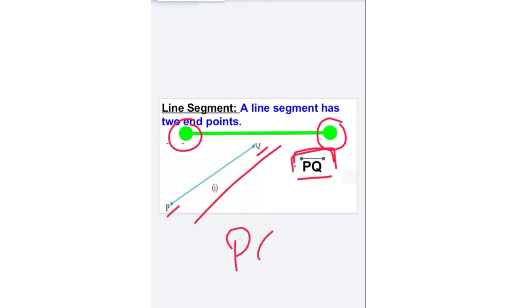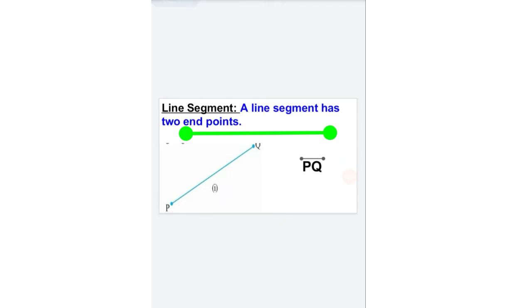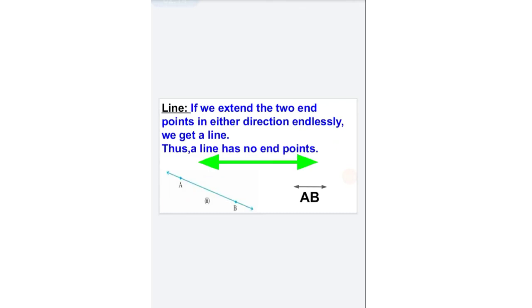That means PQ with a line with two dots on both endpoints represents that PQ is a line segment. Okay, now you will learn more clearly about this when we discuss our next topic, which is line.